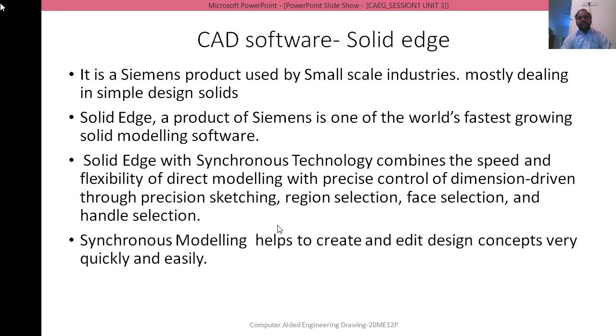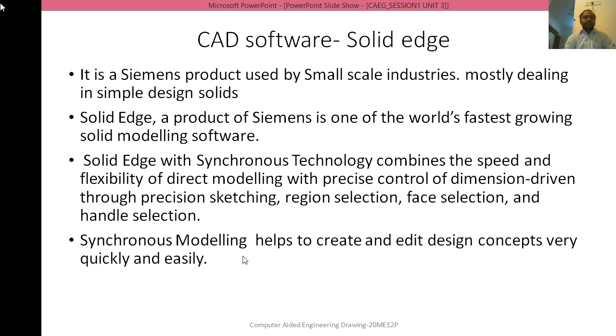Next, CAD software. In this session we are designing all the components and drawing all the parts by making use of Solid Edge CAD software. Solid Edge is a high-end CAD tool used throughout the world, developed by UGC Corporation.